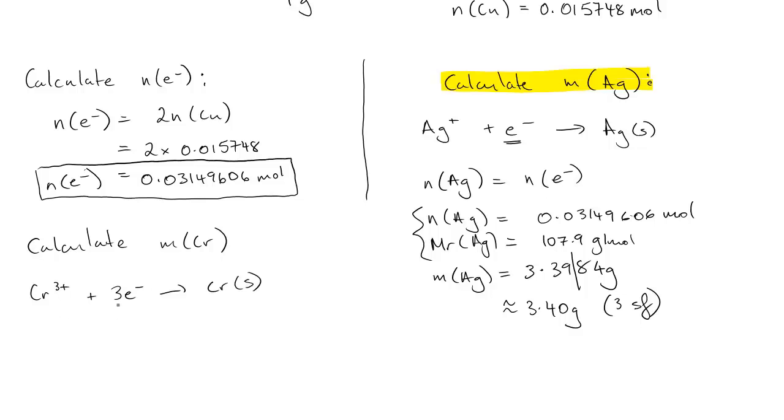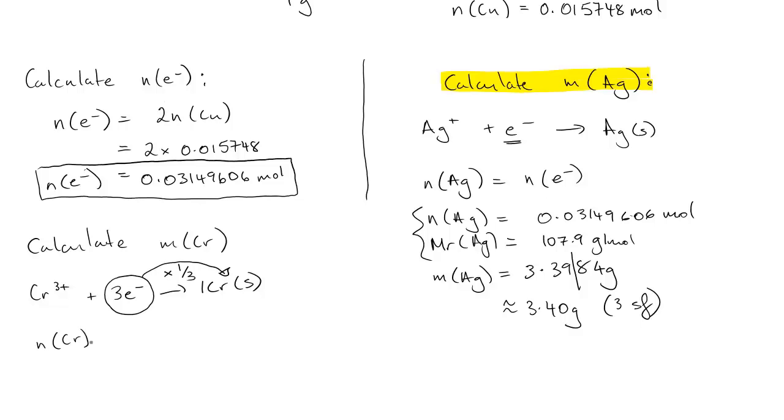The mole of electrons is still going to be the same. But when we work out the chromium from the mole of electrons, we now have to multiply by what we want, which is 1, divided by 3, which is what we don't want. So that's the factor that we multiply by.